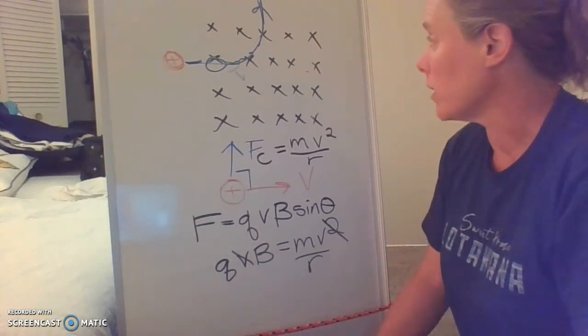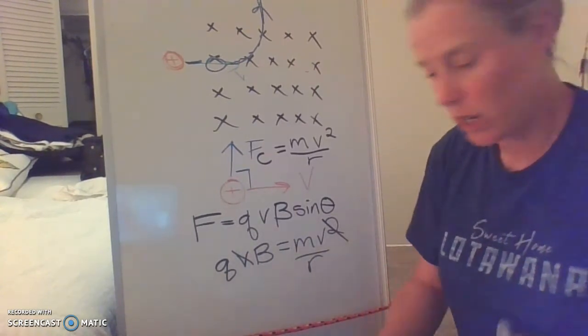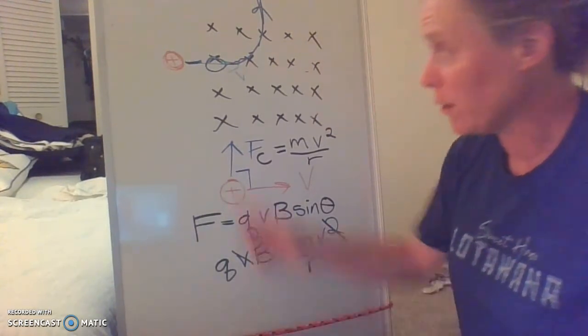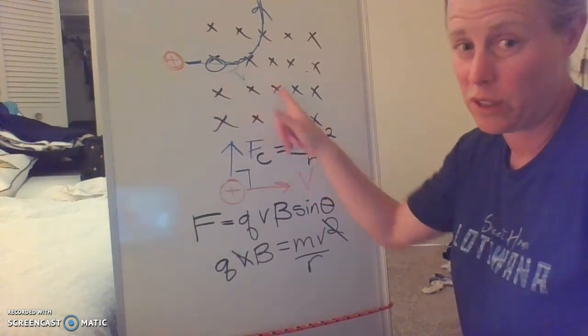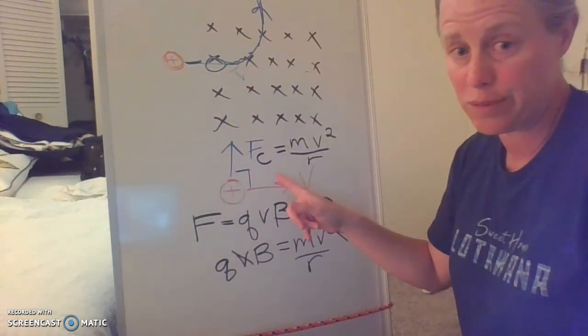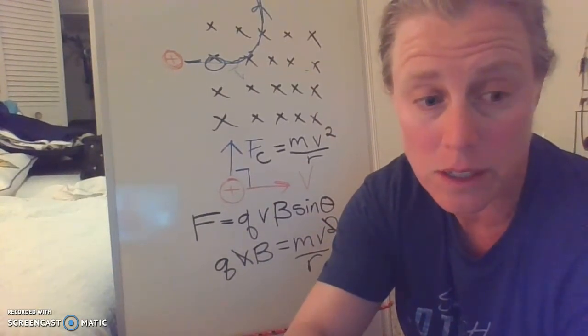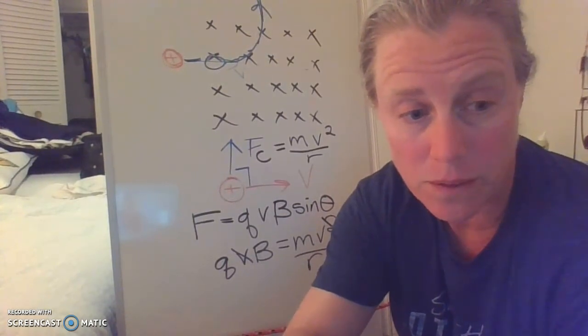So, I'm trying to think what else we need to know about 20-4. Yeah, other than that this is for a positive charge, so if it's a negative charge, we go the other direction. I think that's it. I'm going to leave 25 and 26 to be the same video because they kind of talk about the same stuff. So, well, that's it.